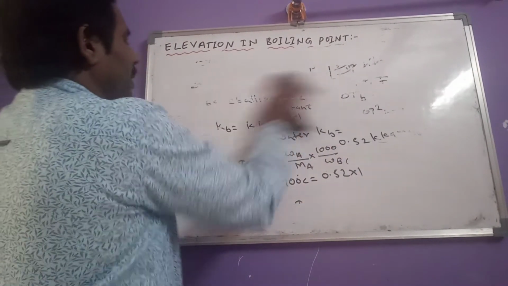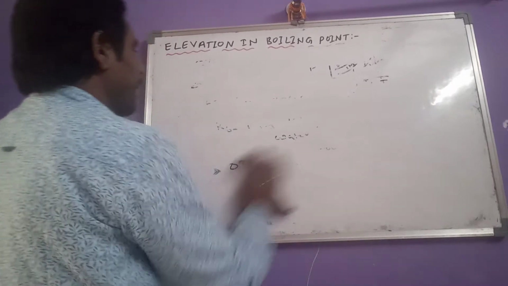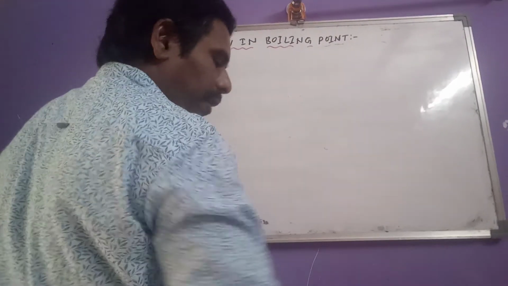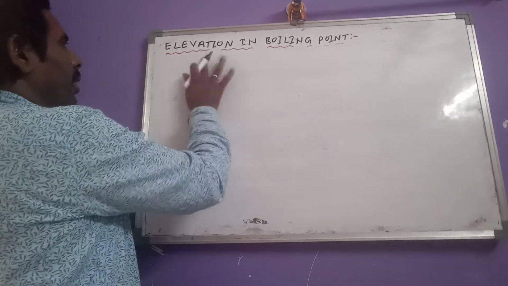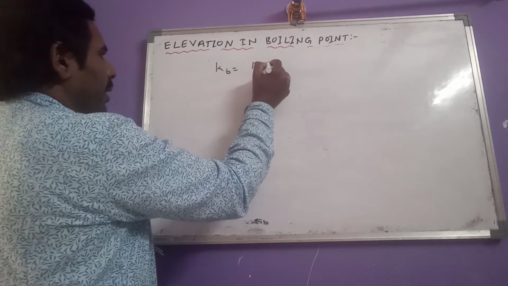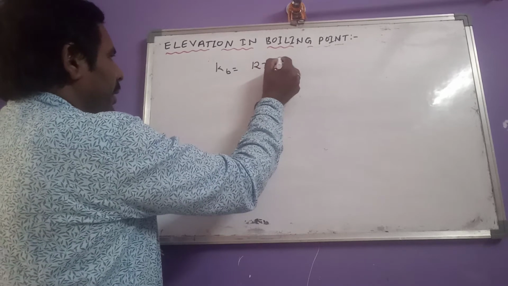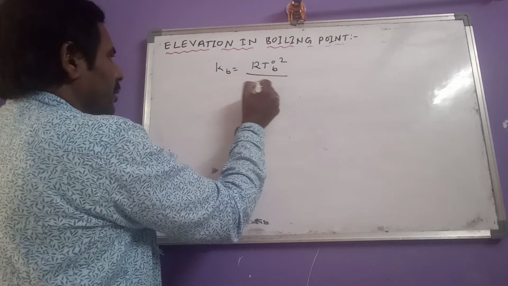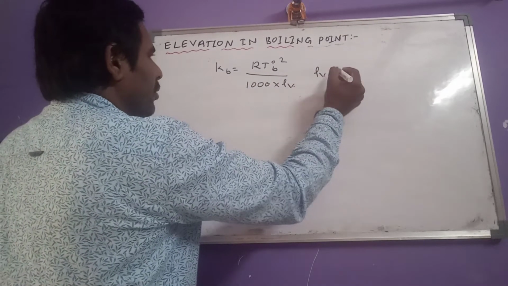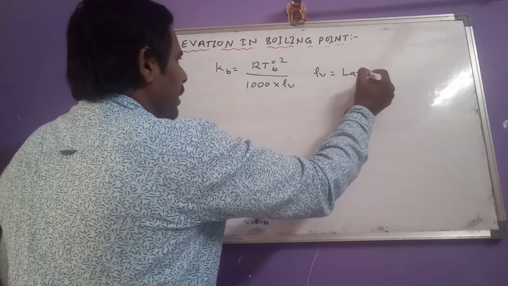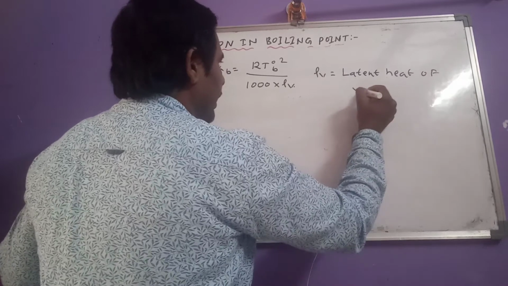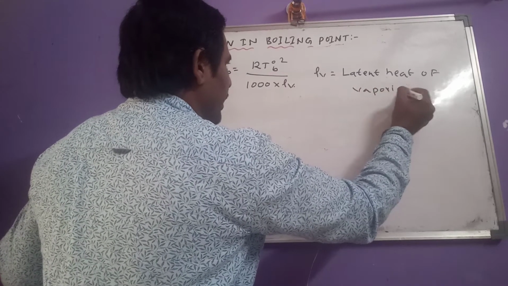Now, the expression for Kb. Kb, of course, is a constant, but what is the equation to calculate Kb? Kb equals RT naught squared by 1000 into LV, where LV is known as latent heat of vaporization.